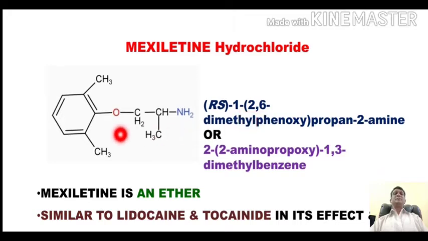RS 1-(2,6-dimethylphenoxy)propan-2-amine. Now for IUPAC nomenclature we will select this long carbon chain 1, 2 and 3, so it is propane. On second position we have an amine, so it is called propan-2-amine.